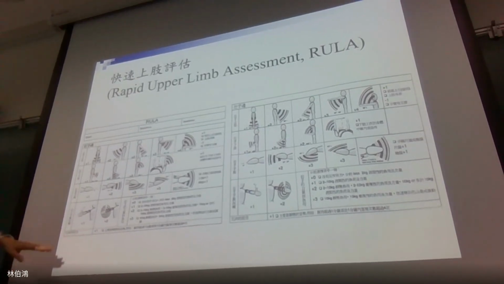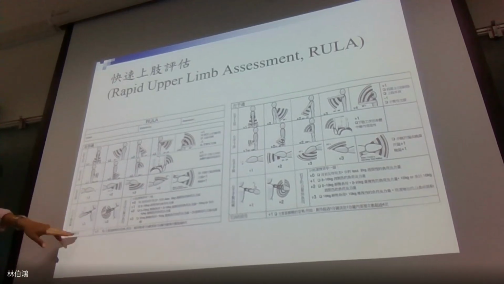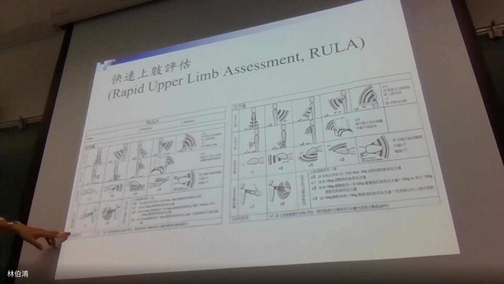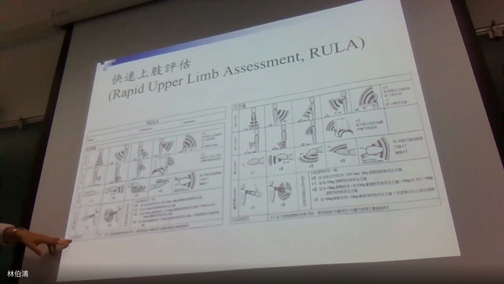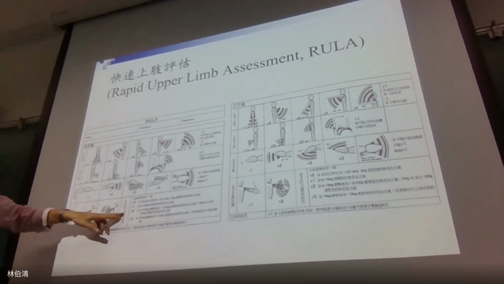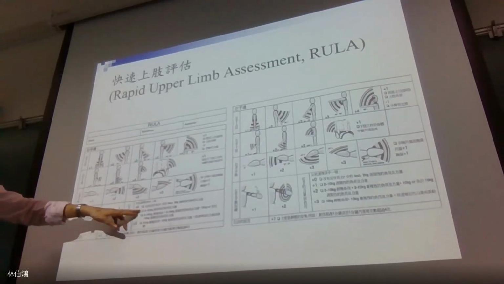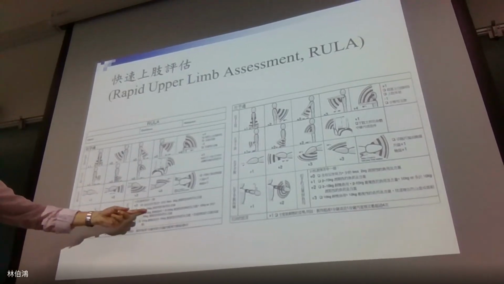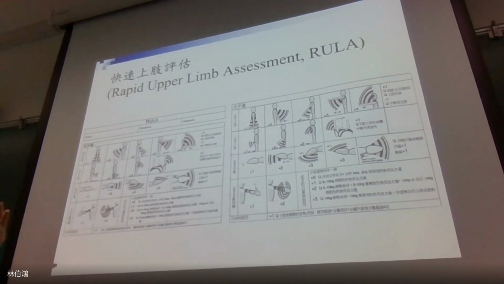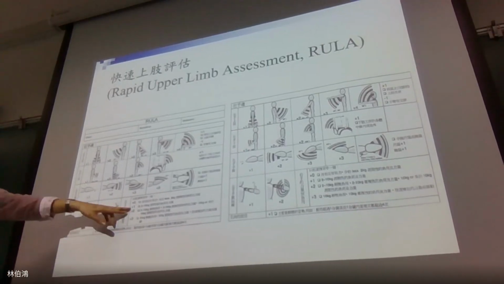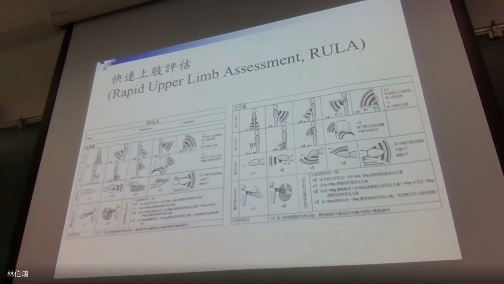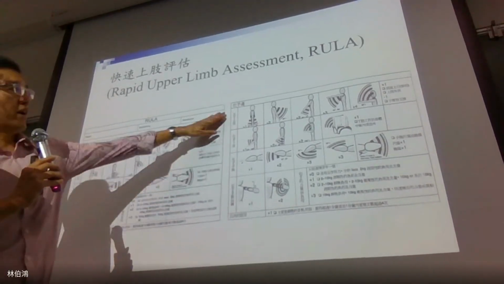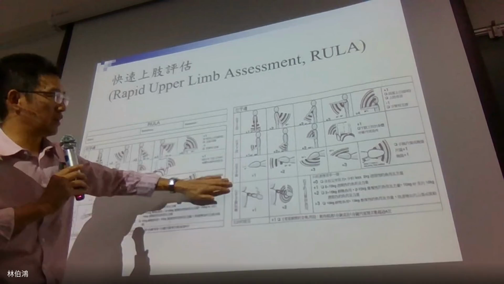So you can see it is very detailed, and you will also have some muscle use points, and also the stretch and the loading. So maybe 2 to 10 kilograms. If you hold it, you have to pass 1 point. And this is for the left hand. Very detailed.